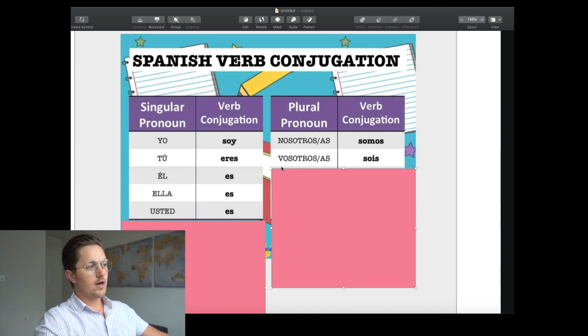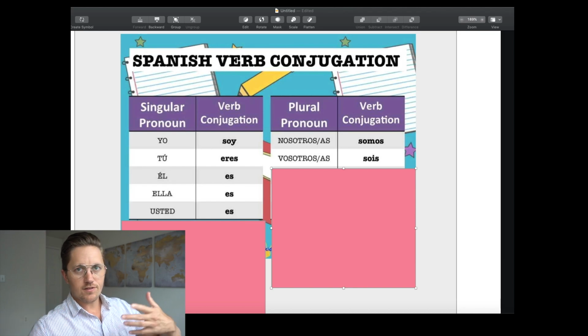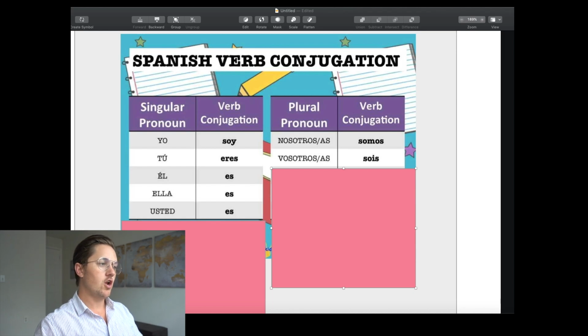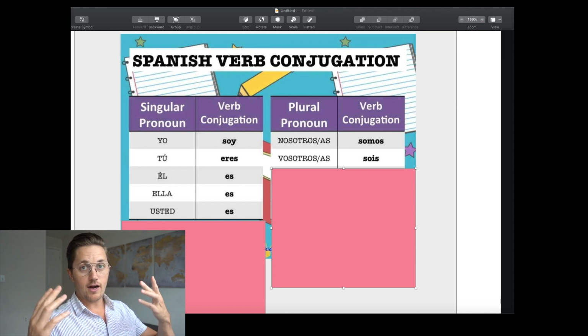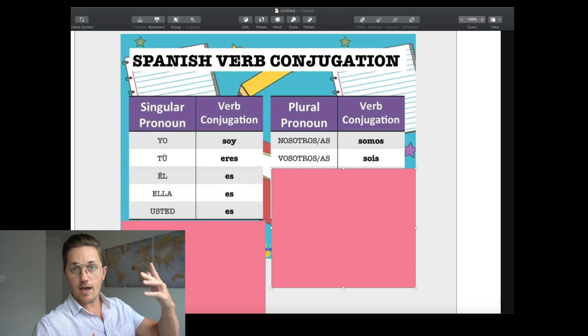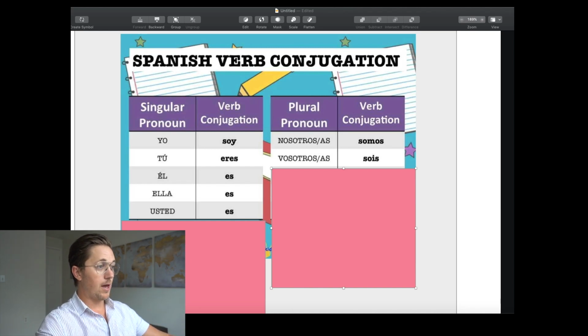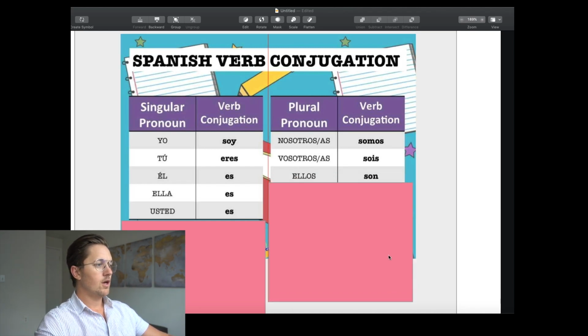Vosotros. This right here is talking about you guys or y'all in Spain. In Spain, they use vosotros. Good to know. Is it essential for communicating? At this stage, beginner Spanish, I would say no, unless you plan on spending some time in Spain or spending time around Spanish speakers from Spain. Ellos son.